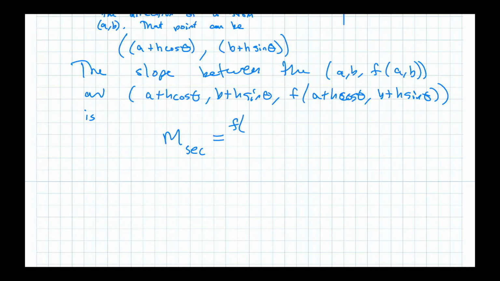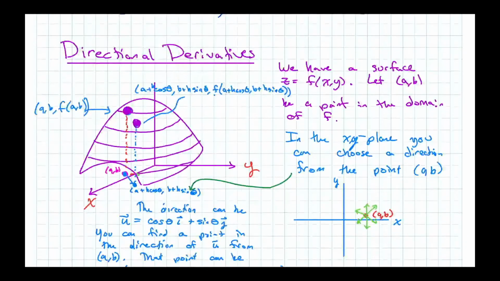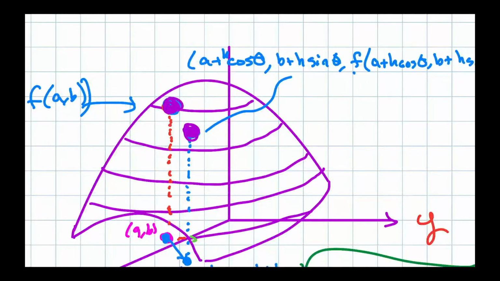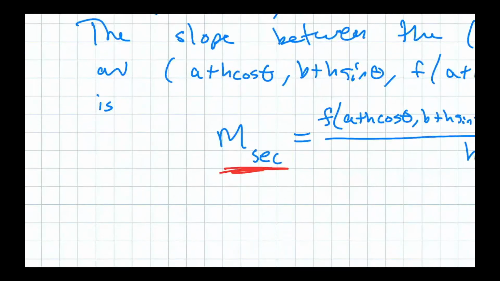So we get f of (a plus h cos theta, b plus h sine theta) minus the other z value, f of (a, b), all over h. If I put a little line segment here connecting those two points, this has slope m secant, and that's this one right here.